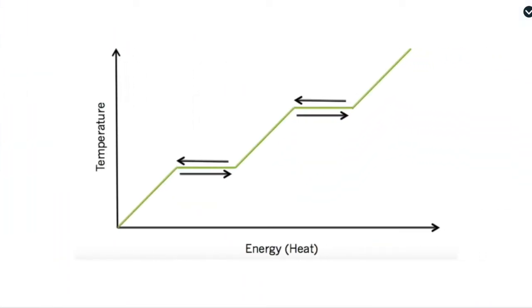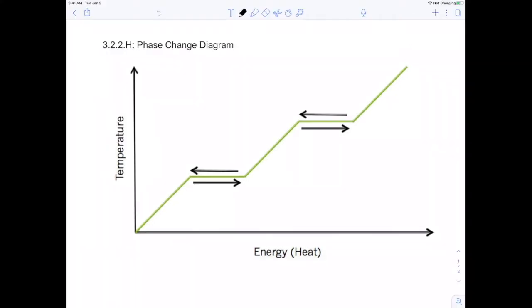All right, I want you to go ahead and turn in your packet to this diagram, and we're going to fill it out together. All right, what we're looking at here is a diagram of matter. And so we're just going to start off by identifying what we're looking at. Right here on the left, on our y-axis, we have temperature.